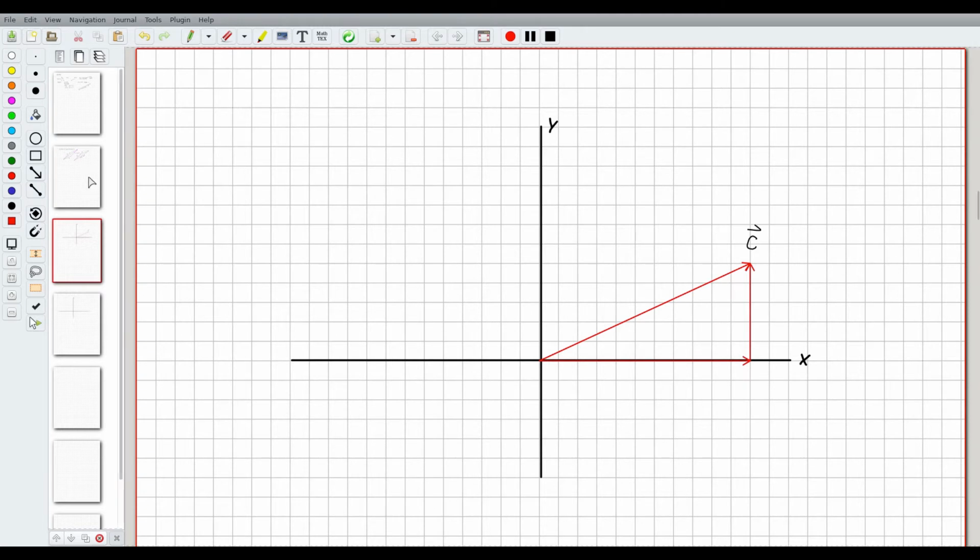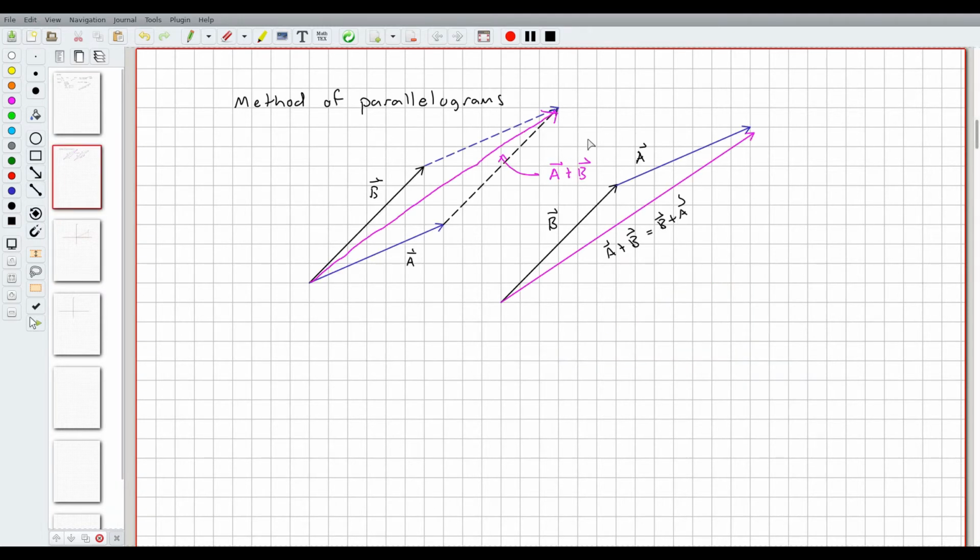Now, as we saw on a previous thing, walking from the tail of one arrow to its tip and then from the tail of the next arrow to its tip is the same thing as adding these things together.